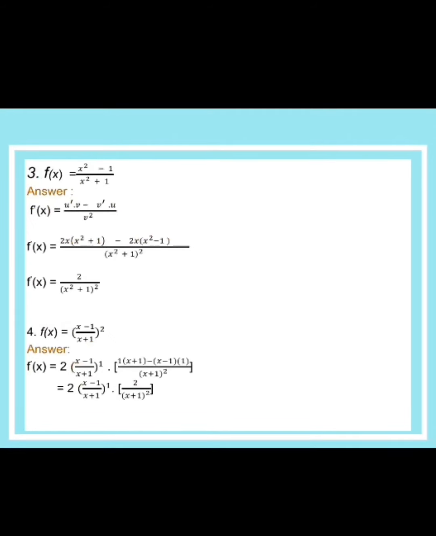As well as the examples for derivative of division and derivative of function in function.